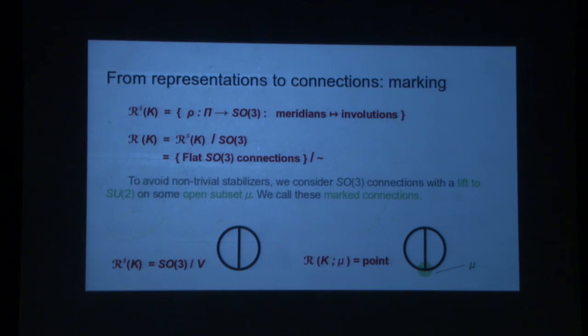We look at isomorphism classes of representations of a group. We don't normally look at homomorphisms themselves. So rather than this guy I've called R sharp of K, just the raw homomorphisms to SO(3), what one would normally think first of looking at is the homomorphisms divided by the action of conjugation, divided by SO(3) acting on the target space by conjugation.